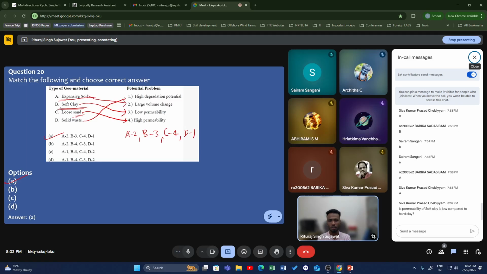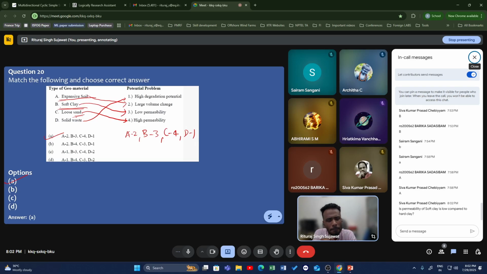If you want to discuss this question: is the permeability of soft clay low compared to hard clay? That's a nice question. I need to look into this.